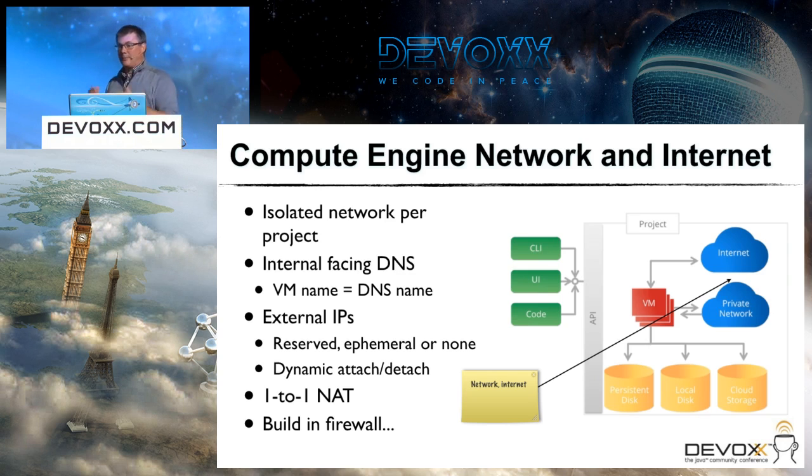Network: you have two types of network. You have by default a private network between your VMs, so the VMs that belong to the same project can nicely communicate with each other.